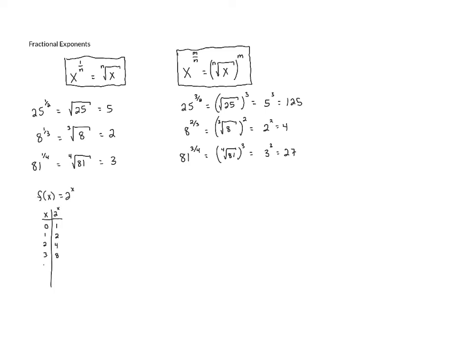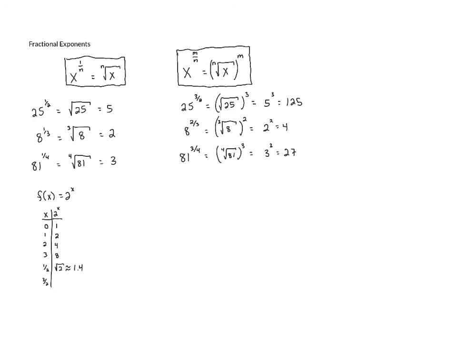But now, if we look at fractional exponents like 1/2 or 3/2, we know now how to deal with these. If we have 2 to the 1/2 power, that's just the square root of 2, which a calculator can tell us is approximately 1.4.